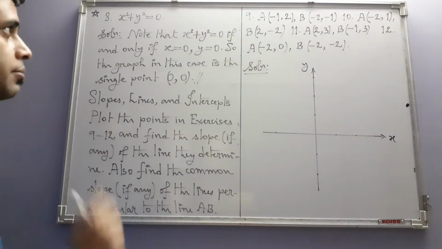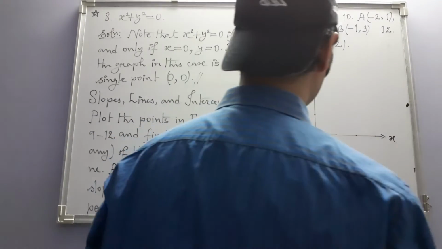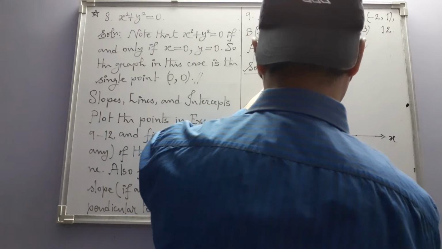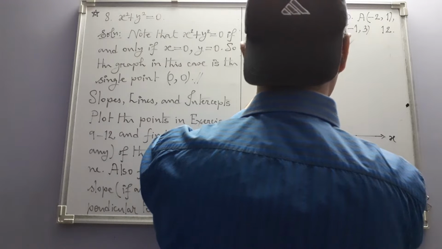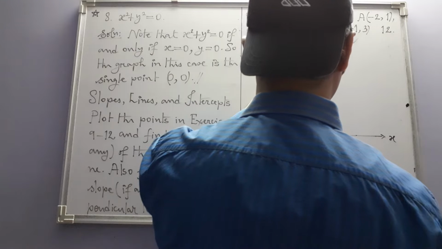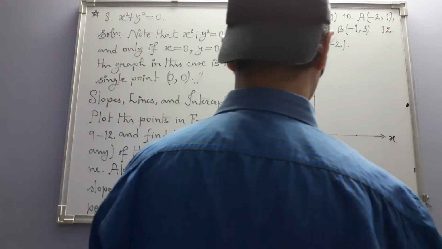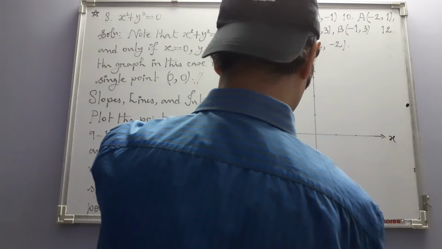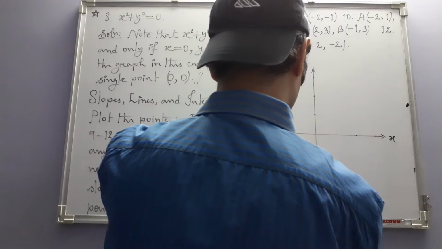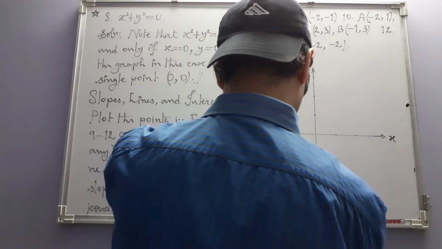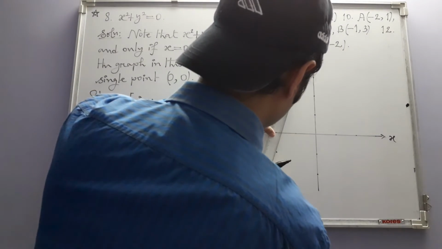For the ninth one, this is -1, 2, and -2, -1. So this is the line.